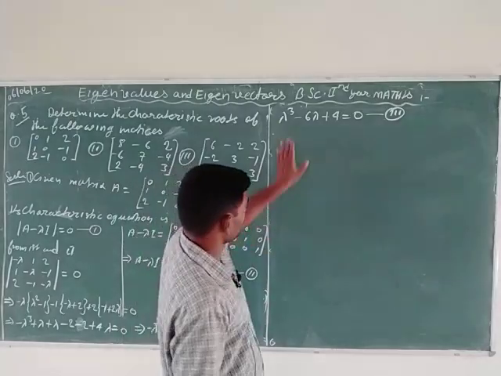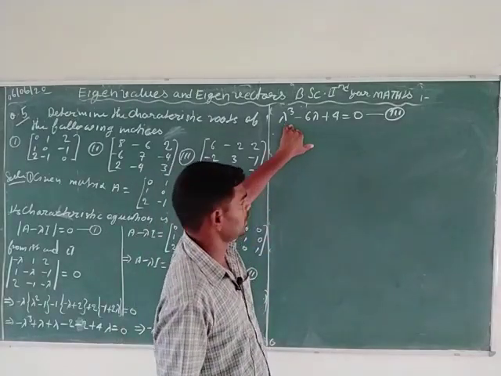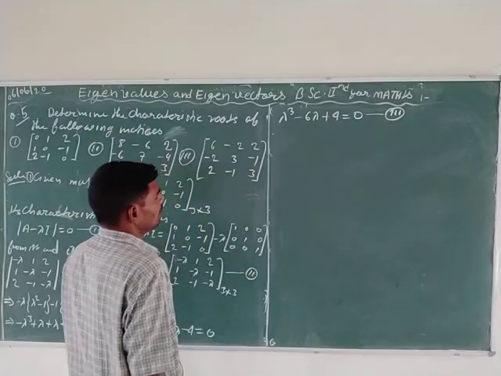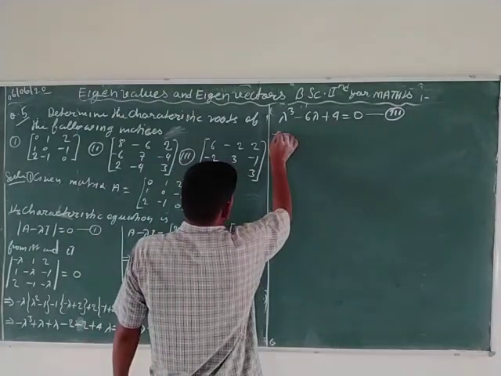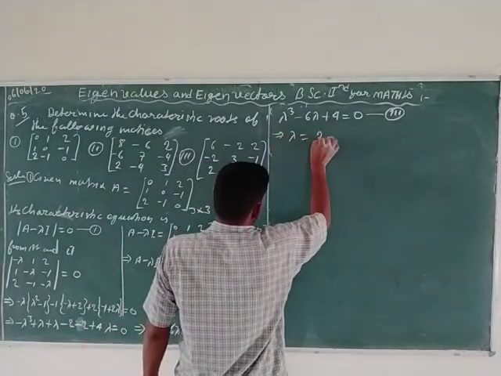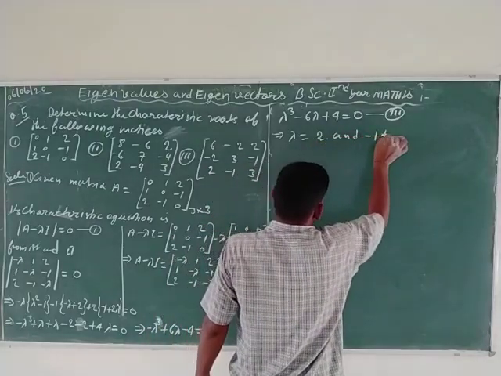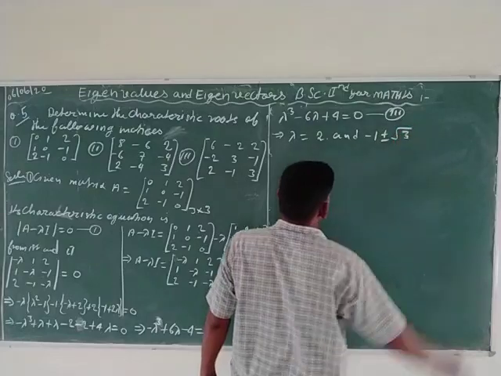After factorization of equation third by the rules of the factor theorem, the values of lambda are 2 and minus 1 plus minus under root 3.